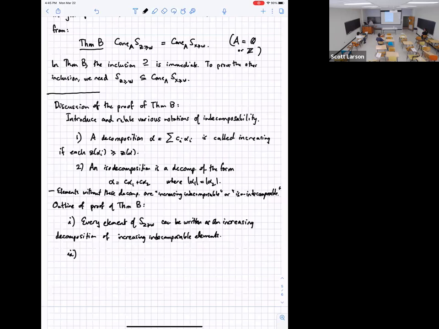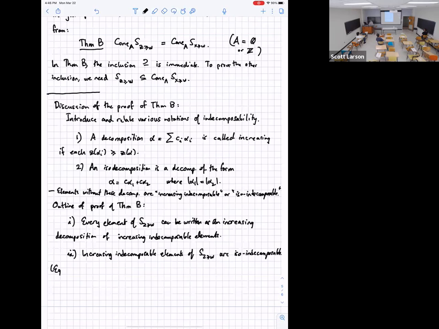The second step states that increasing indecomposable elements of S, Z bigger than or equal to W, are iso-indecomposable.